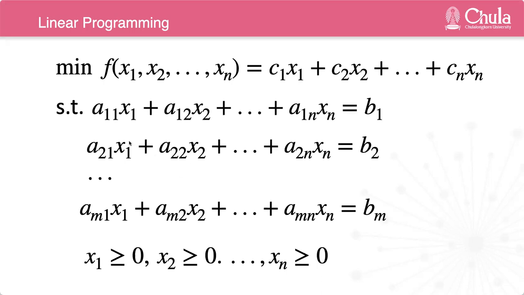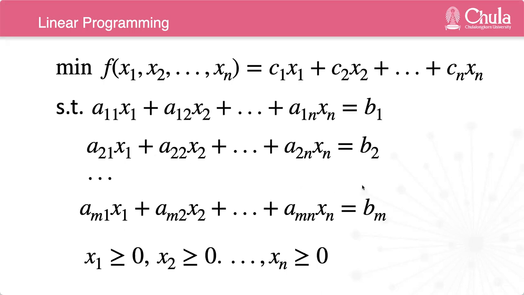So we have a11 x1 plus a12 x2 to a1n xn equal b1. And of course, if we have more than one constraint, we can have a21 x1, a22 x2 plus, and so on, until a2n xn equal b2.